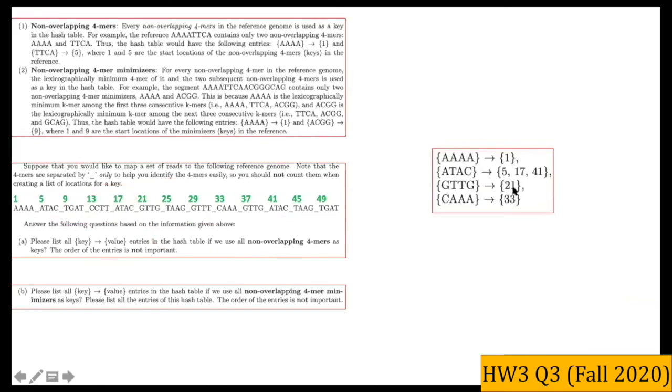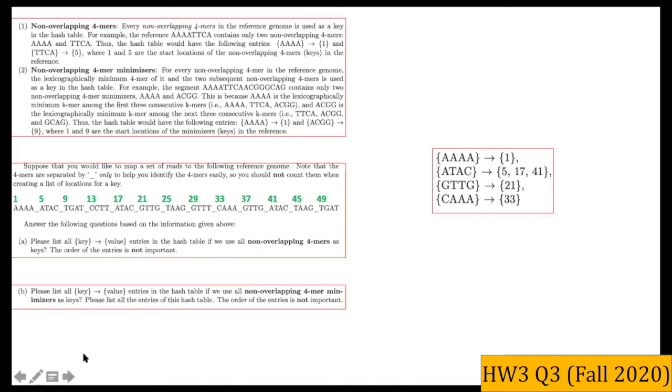So I think we already found the one located at 1, at 5, and 17, and 21. So the remaining, when you try to continue solve it by yourself, you should get the one located at 33 and 41. And this will be the answer for point B.